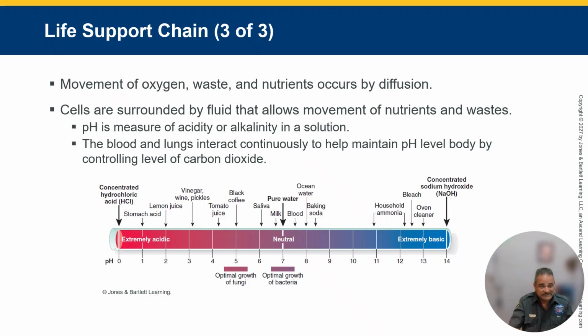So, the deal is that we're around 7.35 to 7.45, okay? When it drops, it goes this way. We become acidotic. See, it says here, acidotic, all right? If it goes this way, we become alkalotic or basic, okay?